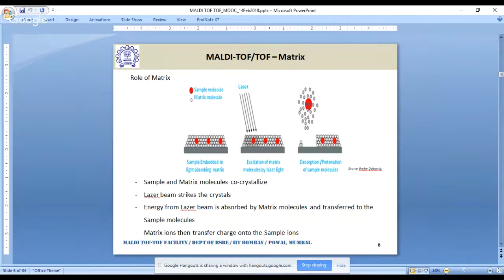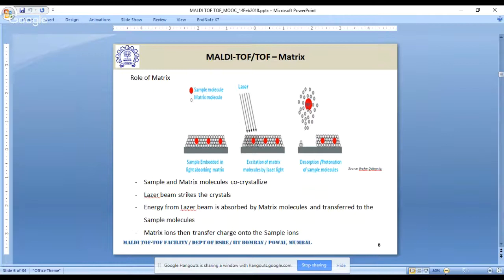In this particular technology, the matrix is of primary importance. There are different types of matrices which are used as per the requirement of the sample. What this matrix does is that it first co-crystallizes with the sample, and when the laser beam strikes these crystals, the matrix will absorb all the energy from the laser beam and convert into an ionic state, and as this process is going on, the energy will then be transferred by the matrix ions to the sample molecules, which in turn will get ionized.